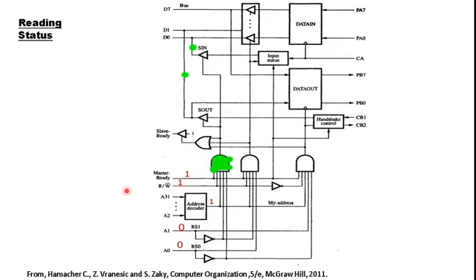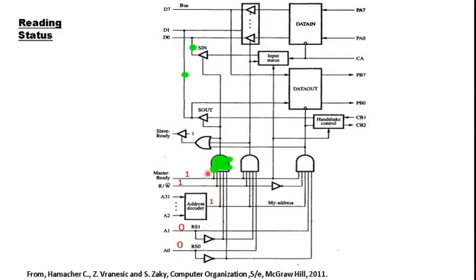Then the next important thing is that this entire interface should have been selected, meaning the address intended by the master should be of this interface. That is determined by the upper 30 bits of the address given by the master. The upper 30 bits are fed to an address decoder, and if it gives a 1, then any of the components within this interface can be selected.